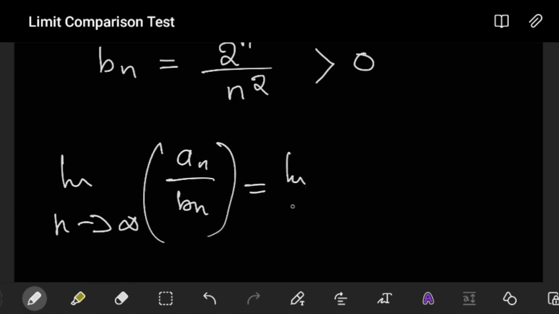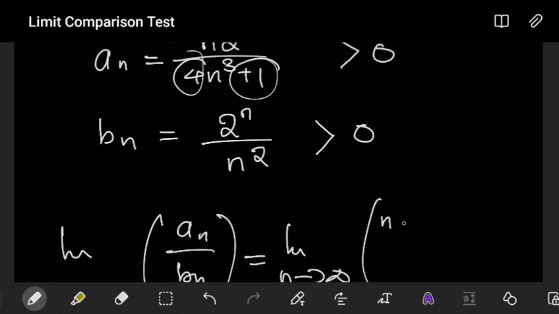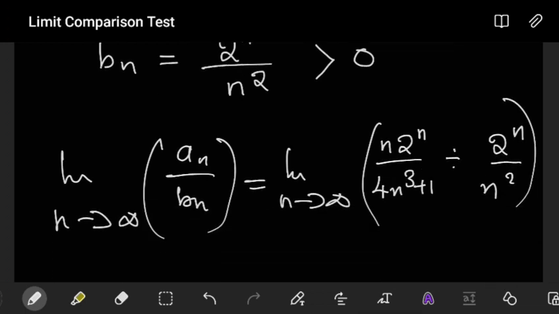Now, what will this be? This is the limit as n approaches infinity, and then our An is n times 2 to the power n over 4n to the power 3 plus 1 divided by our Bn, which is 2 to the power n over n squared. Now, how will this work?